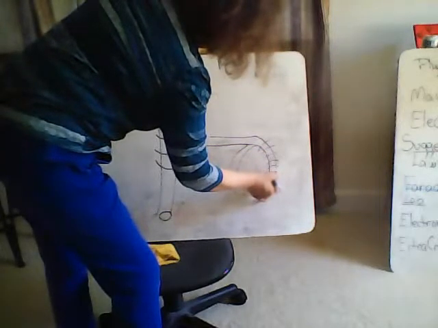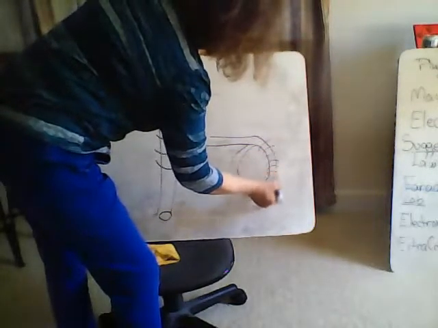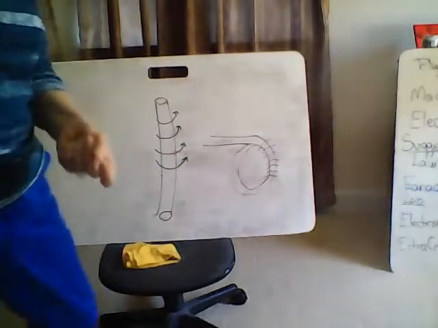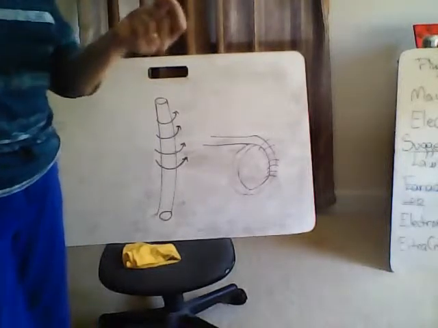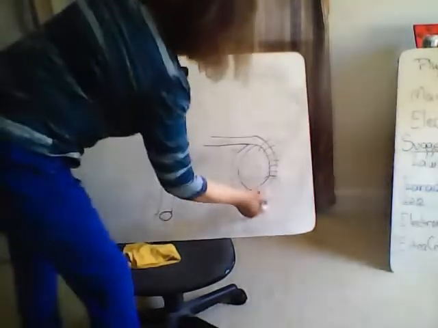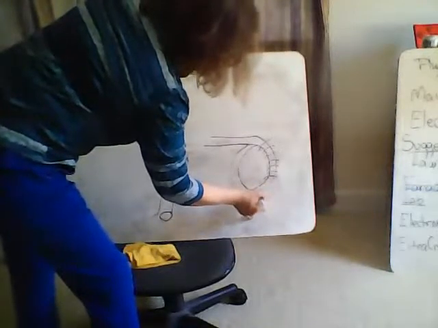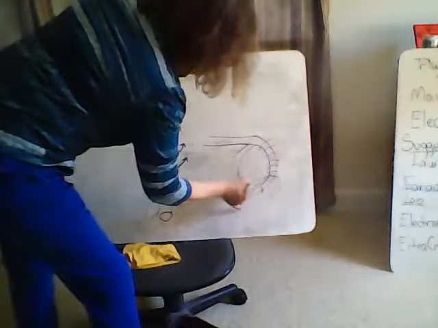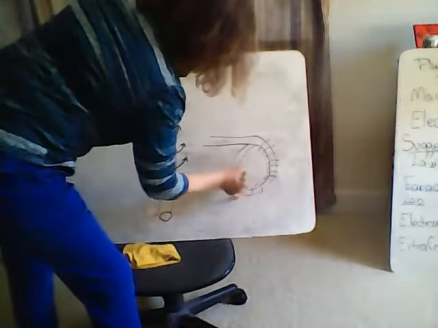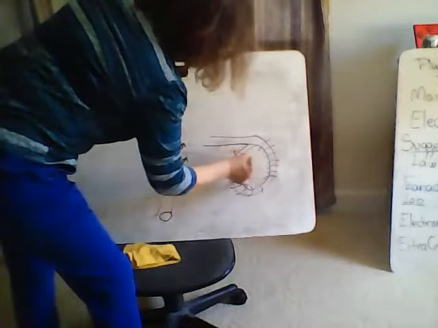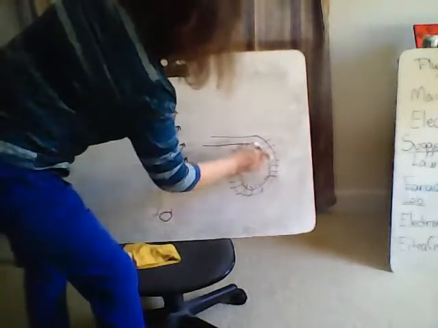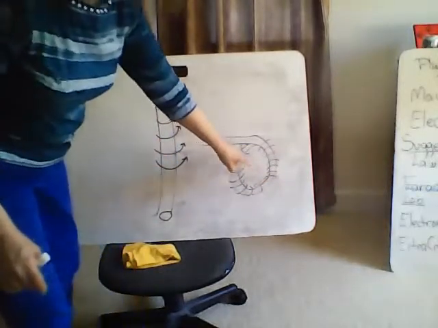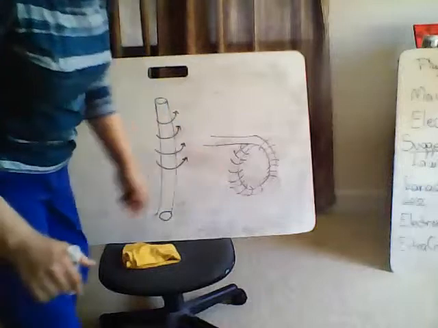But where you have an area where there are more field lines, do you think that field is going to be stronger or weaker in that place? So yes, indeed, it's going to be stronger where you have the concentration of the field lines, and you can see that they're more concentrated in the center of the coil than they are on the outside.